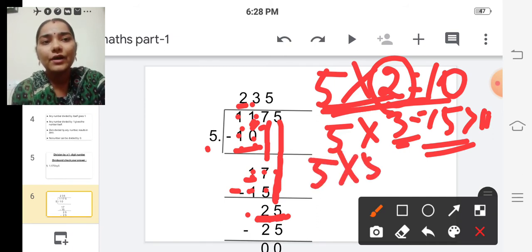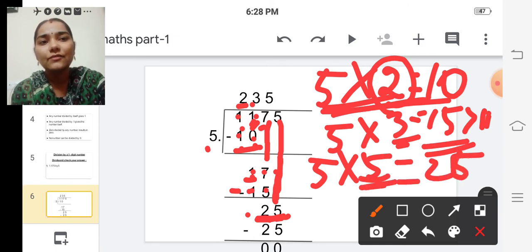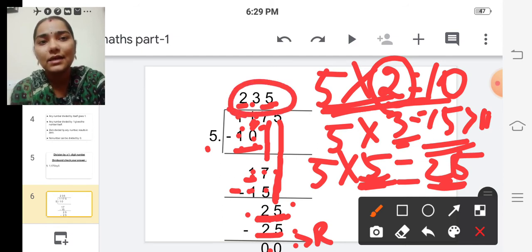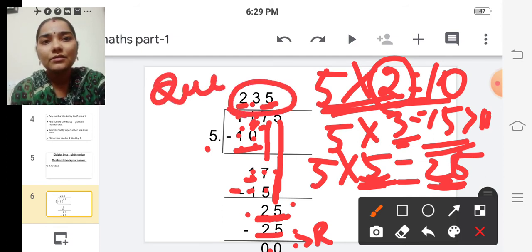And we have to write this 5 in the quotient, and we have to write this 25 here. So we are going to subtract 25 from 25. 25 minus 25 is 0, isn't it? So this is the remainder, and this 235 is the answer, and it is the quotient.